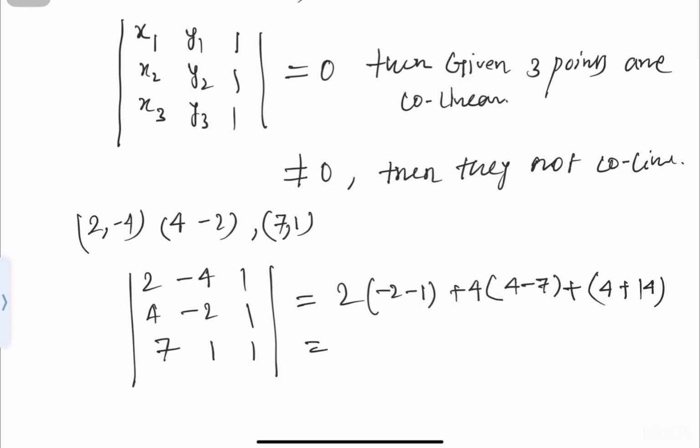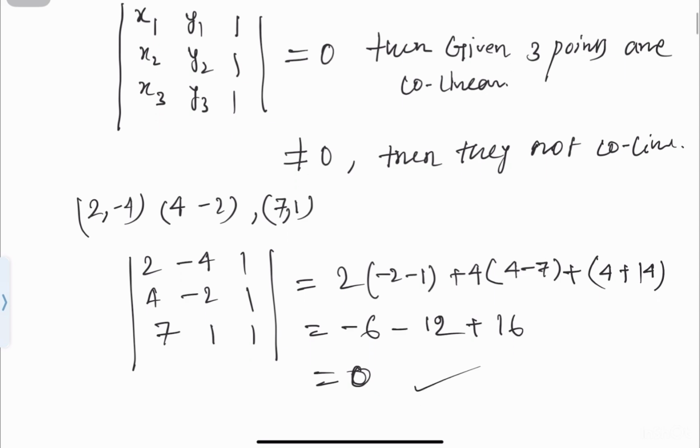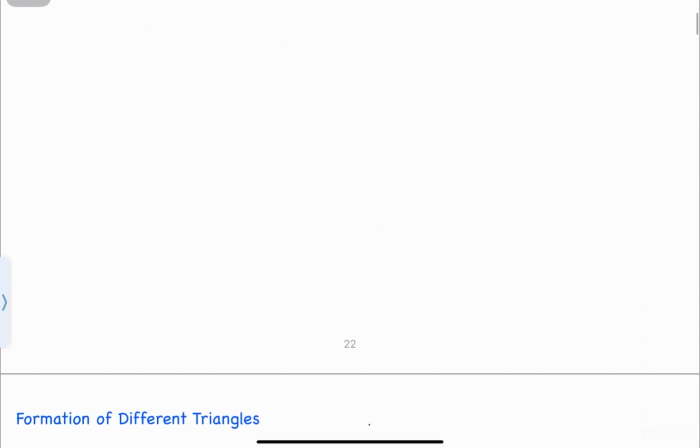What is the value? Minus 6, this minus 12, and this 16. It is equal to 0. That means they are collinear. Clear? So this method is also useful for so many cases.